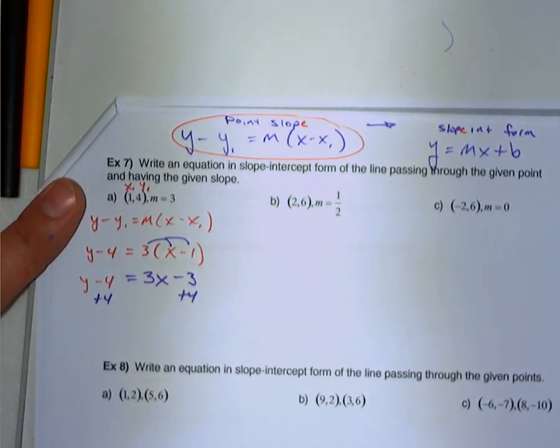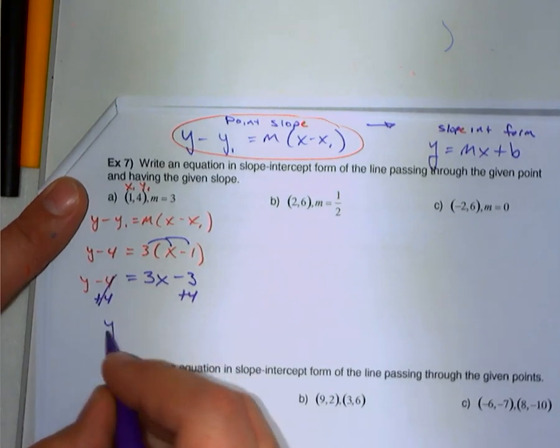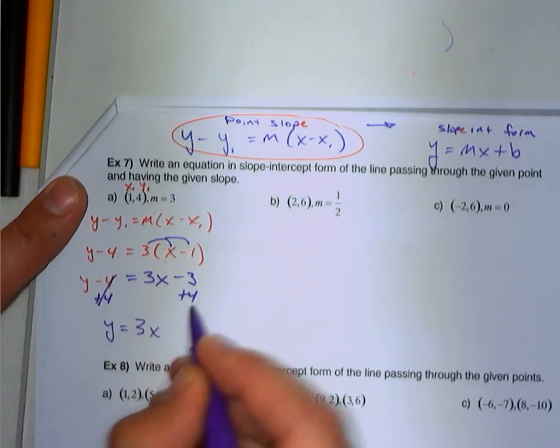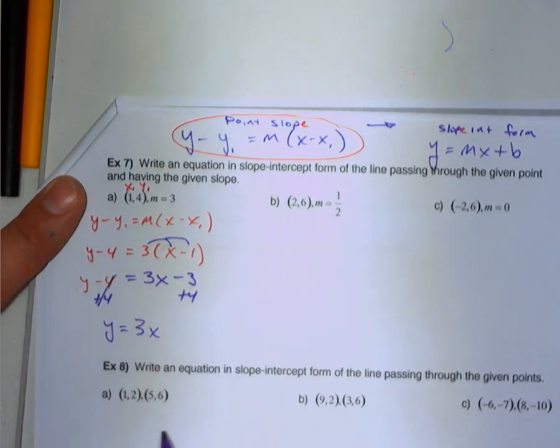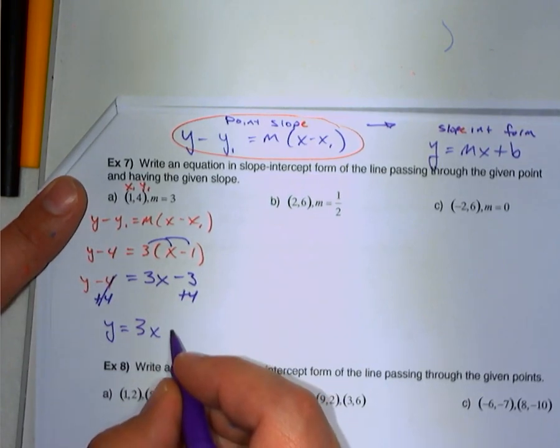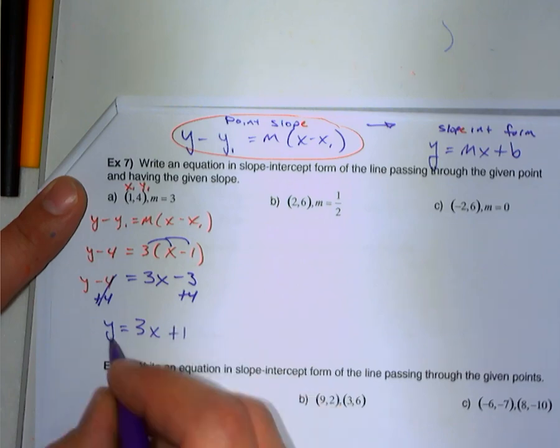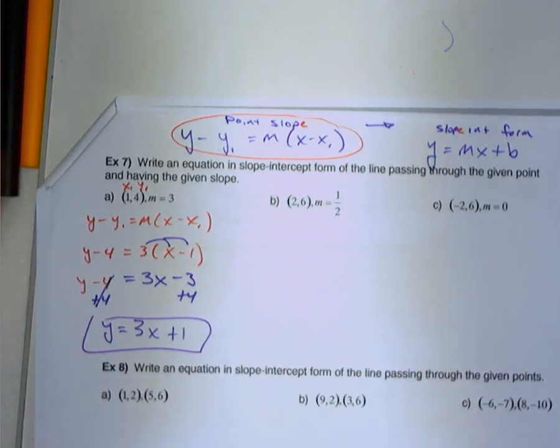So this guy cancels, and now I got y equals 3x. And then what's negative 3 plus 4? Positive 1. And now I can graph that pretty easily. I know my slope, I know my y-intercept. Boom, graph.